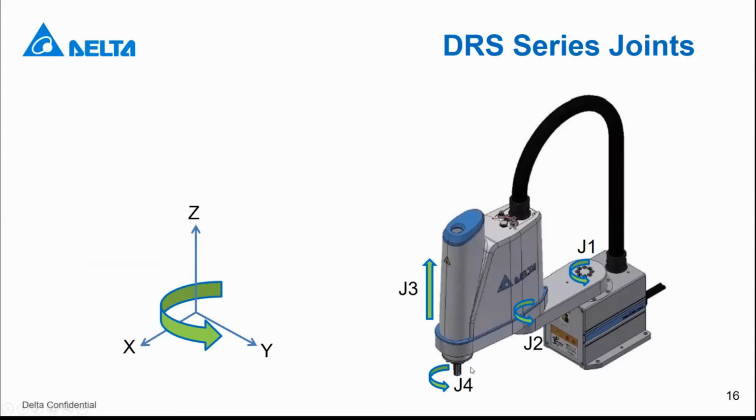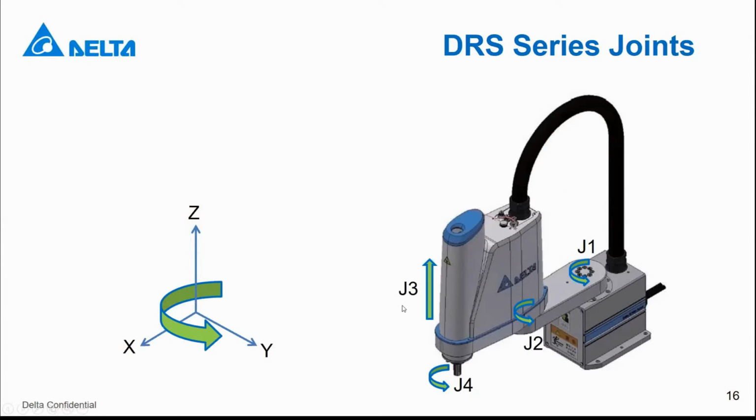The front of the robot will be the X positive direction, the left side will be the Y direction, and the upside will be the Z direction. And the rotation system we use is counterclockwise.